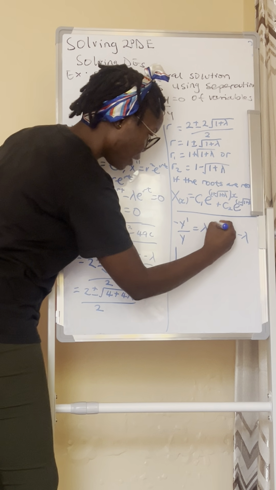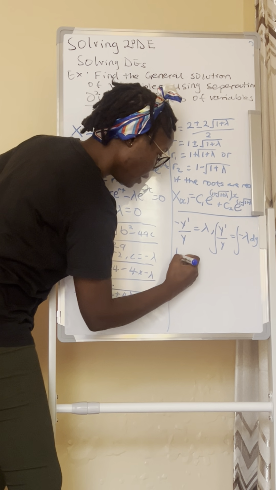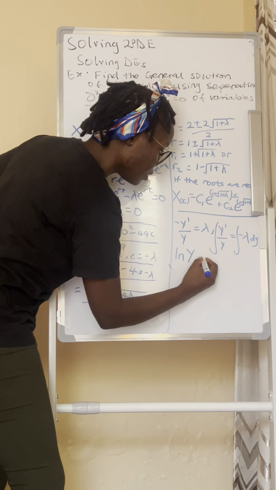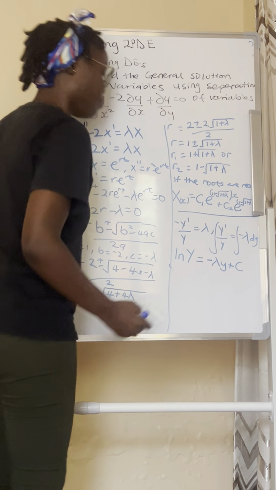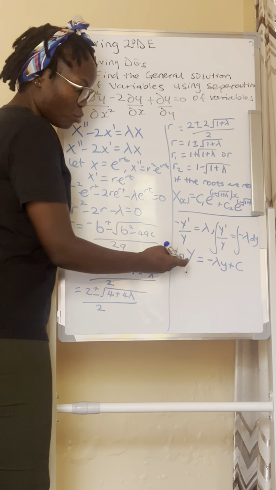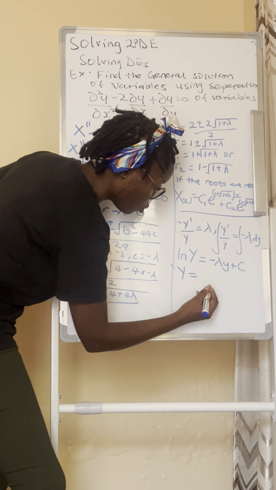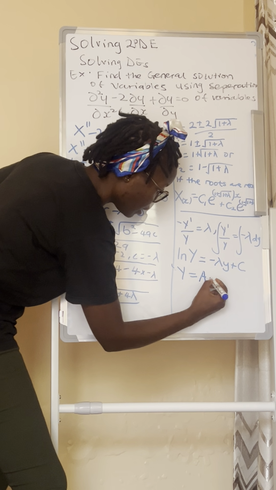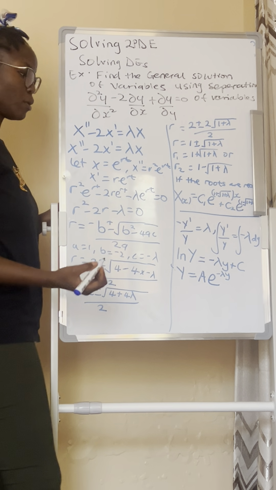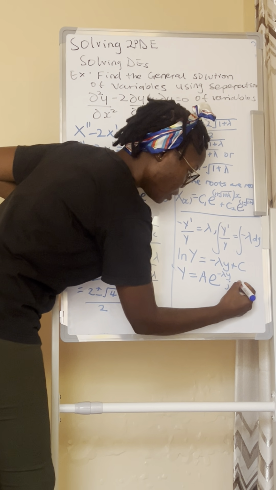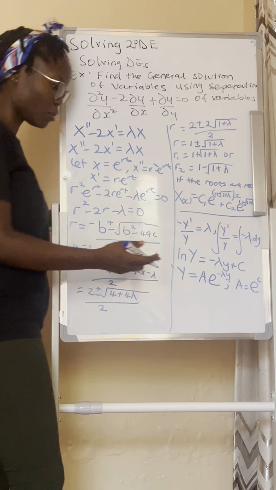When you integrate on both sides with respect to y, it will give us ln of the function y is equal to negative lambda y plus a constant c. When we want to remove this, remember we want a function y, so we remove the natural log. It will be the function of y is equal to a certain constant a times the exponential function of negative lambda y, where a is e^c, the exponential of the constant, which is a constant.